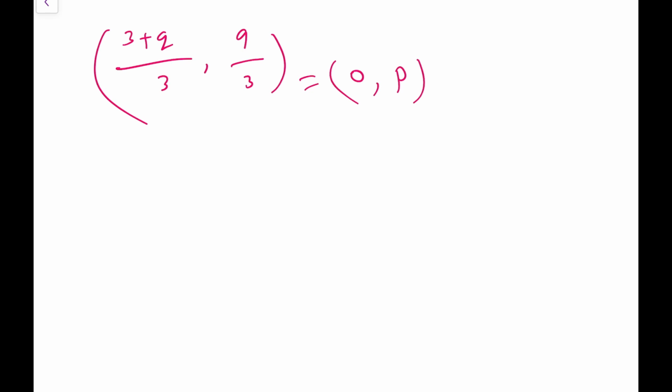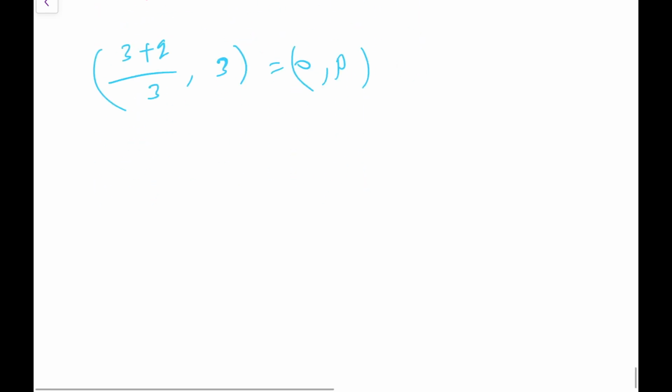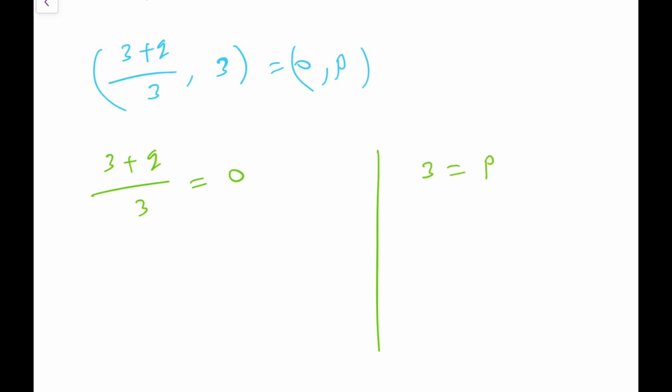Before that, simplification is also possible. 3 ones are 3, 3 3s are. So now 3 plus q by 3 comma 3 equals to 0 comma p, making x coordinates equal and y coordinates equal. So 3 plus q by 3 equals to 0 and 3 equals to p.